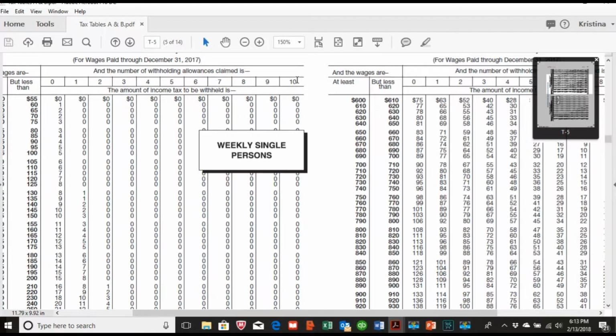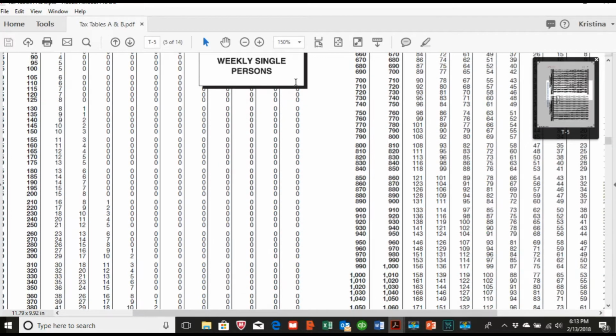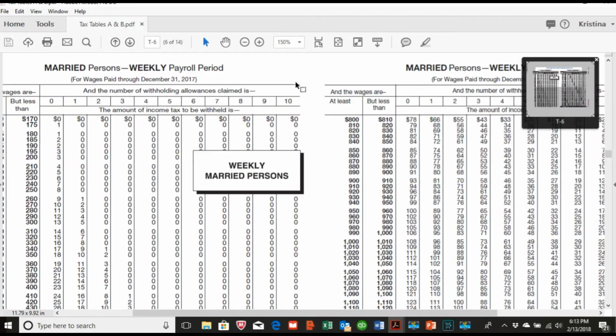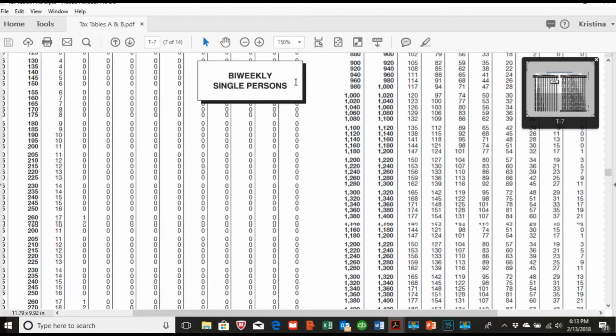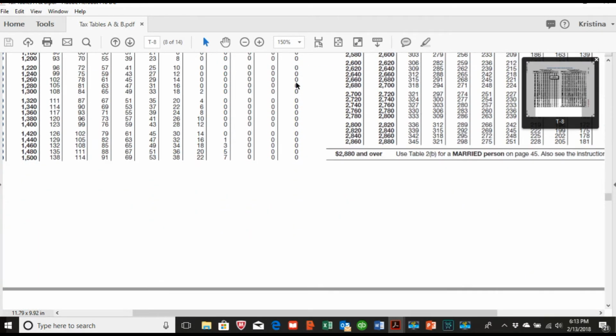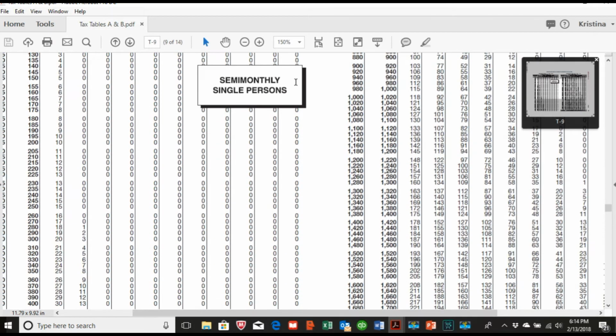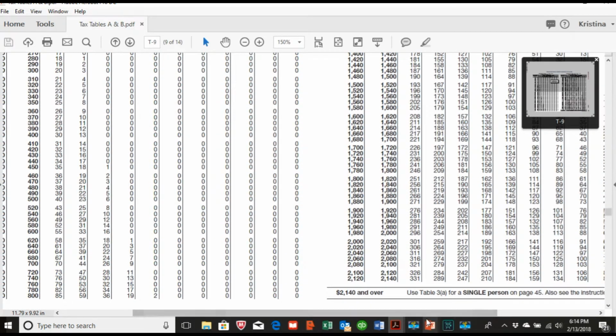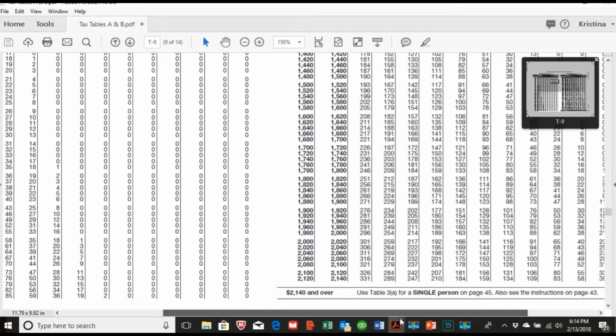We can withhold as if the employee had only claimed 10 allowances. So we withhold based off this column here, the 10, which, as you can see, most of the time is at 0. And let's come over here to some of the larger values and see if they help us out anymore.